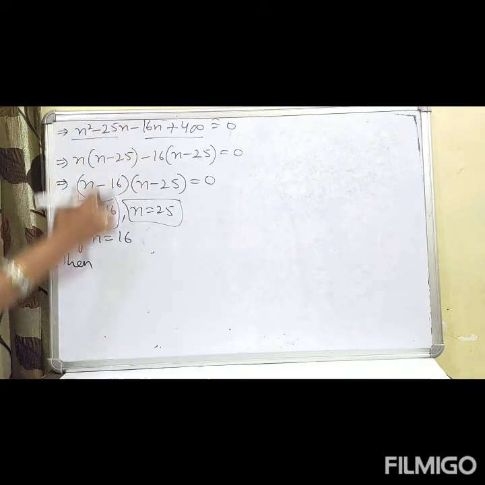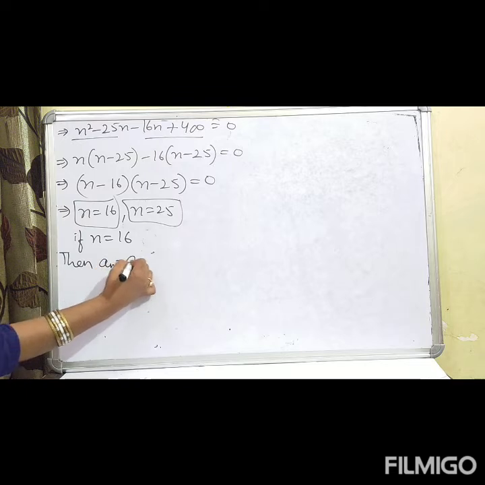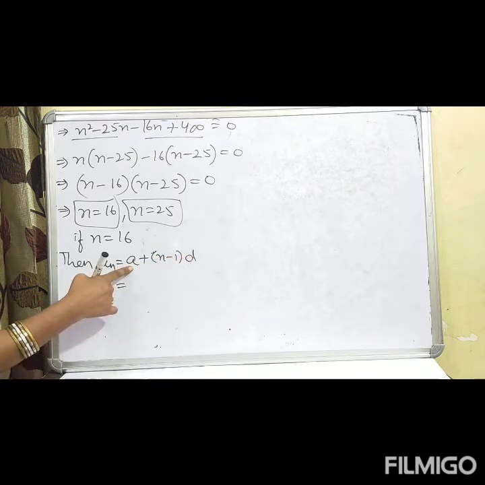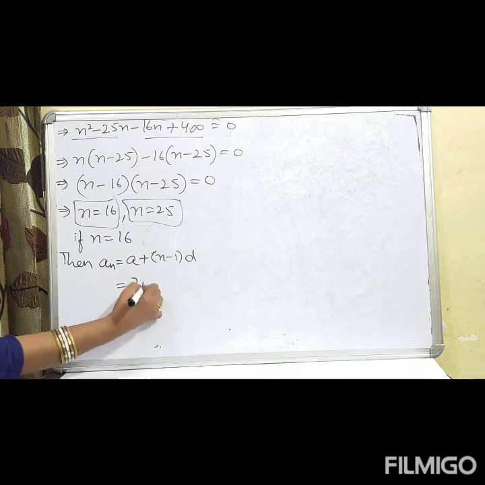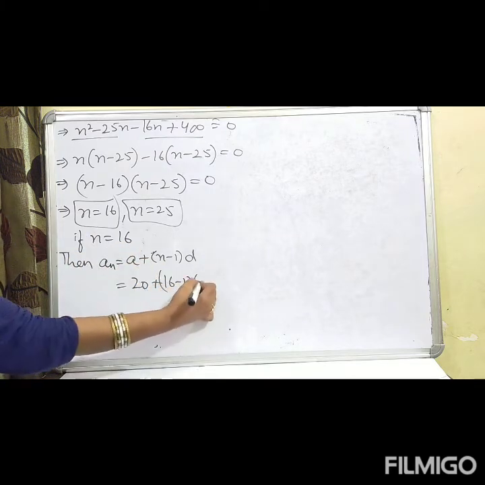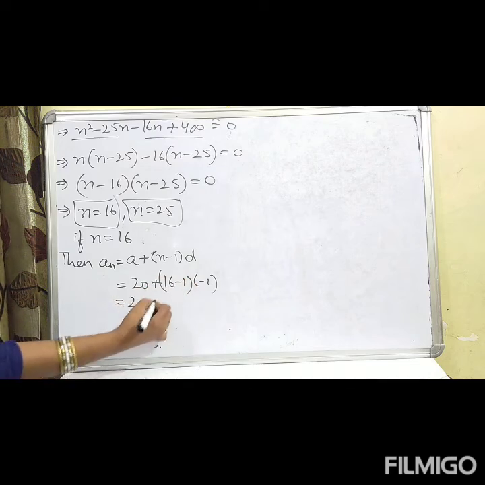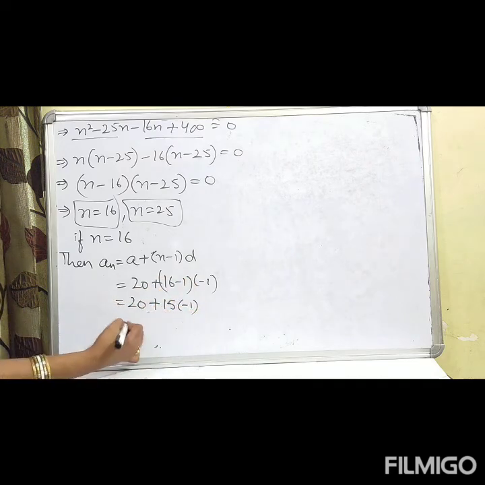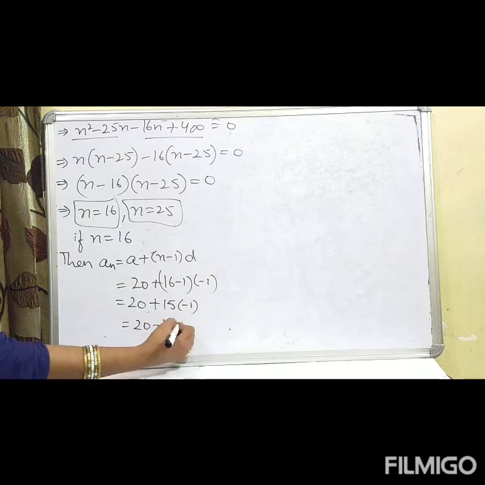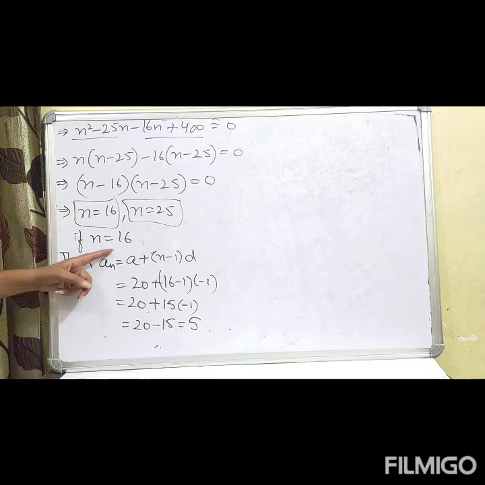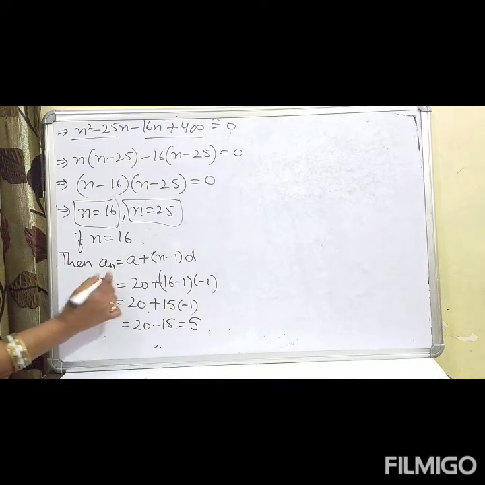For getting that number, we have to apply the formula for an. an is a plus n minus 1 into d, and we know that a was 20, n here is 16, and d was minus 1. So 20, 16 minus 1 is 15, and 20 minus 15 is 5. That is, in the 16th row there were 5 logs, right?